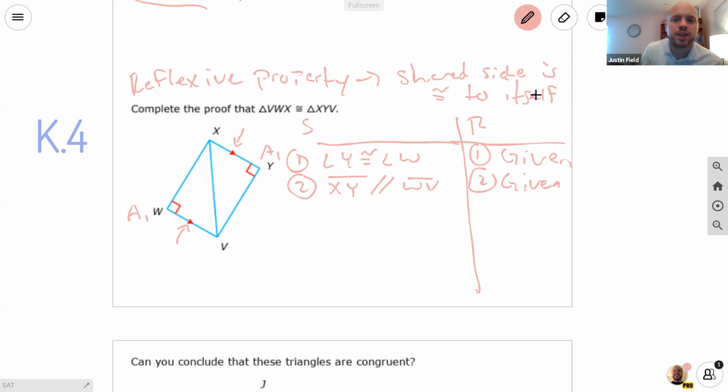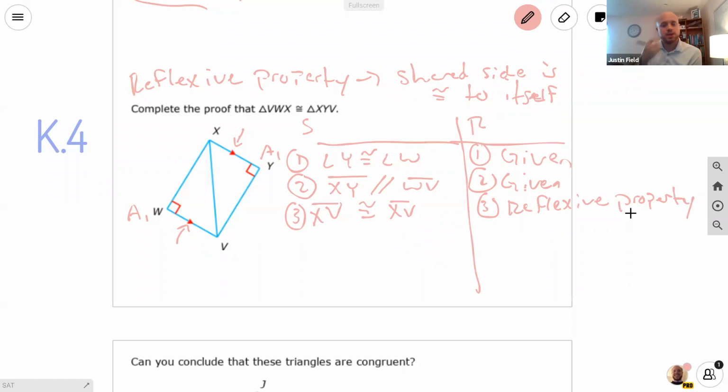You might say, well, of course it is. Why do I have to say that? But we're making an argument, all right? So, middle schoolers, high schoolers, you love to argue, and we just need to go point by point so we make sense. So we need to say that XV is congruent to XV. And we can use that inside of a triangle congruence proof. That is the reflexive property. And there are also reflexive angles, shared angles, but we see it a lot with sides.